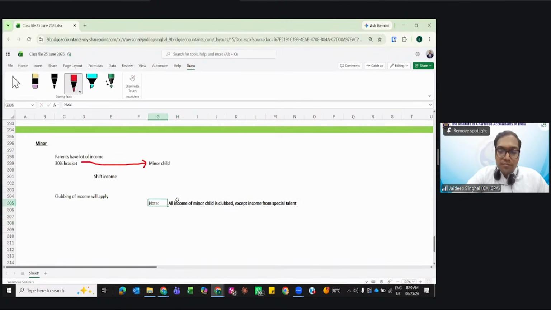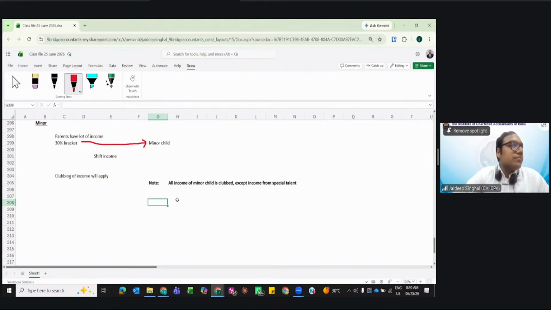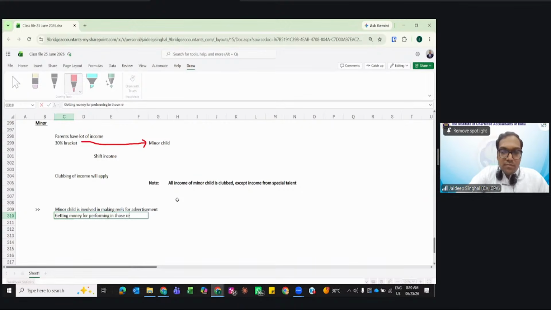Let's suppose a minor child is involved in making reels for advertisement. Many children are making reels nowadays. They are getting money for performing in those reels.